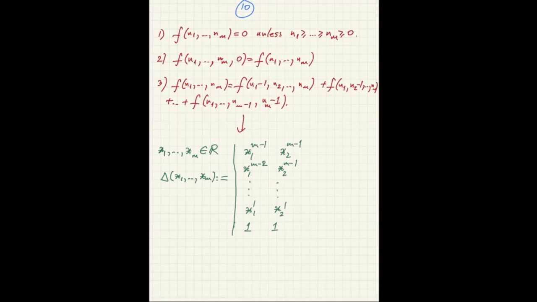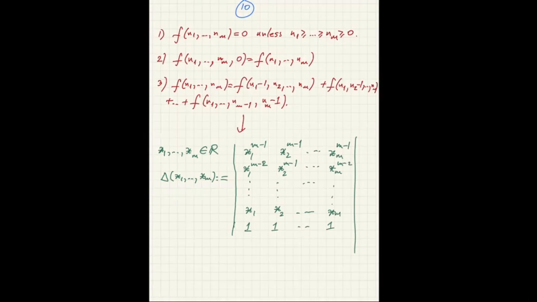I'll just remove the power, it's pretty clear. And then it goes like this until the last column is xm to the power m minus 1, xm to the power m minus 2, xm and 1.